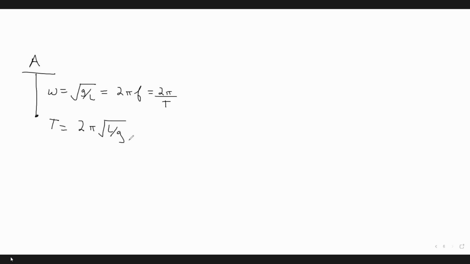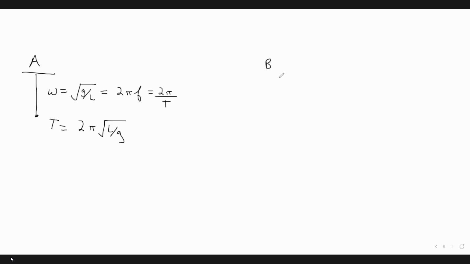Well, for pendulum A, which looks like this, omega is equal to square root of g over L for a simple pendulum. So square root of g over L is 2 pi f, but f is equal to 1 over T. So that means that the period T is 2 pi times the square root of L over g.